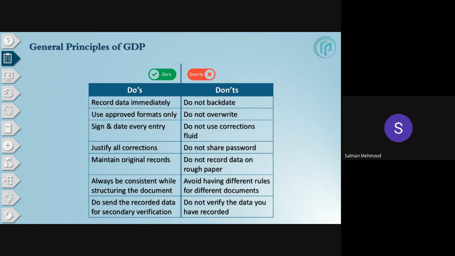This is just like telling a story to your friend. Auditors don't accept stories; they accept records made in real time. So remember, every record must tell us who did what, when, and why.